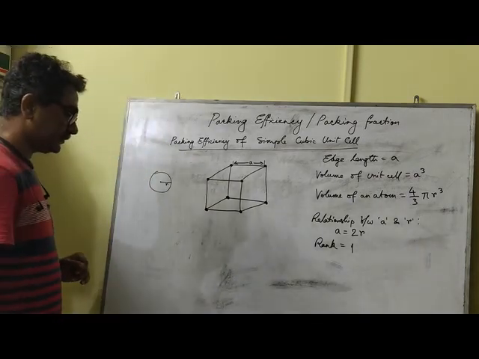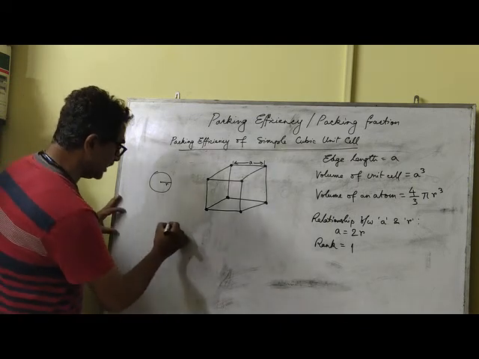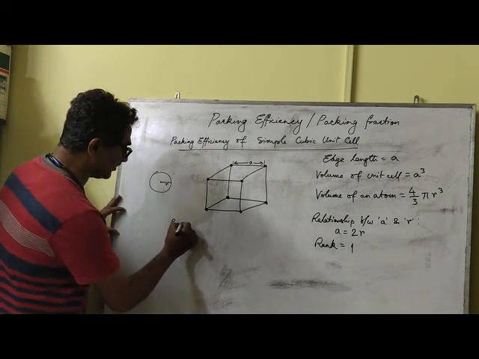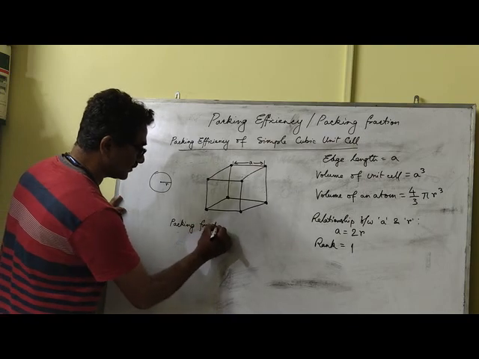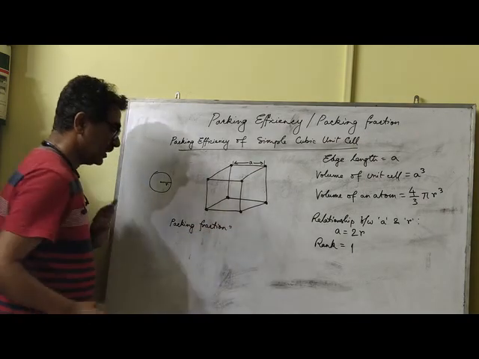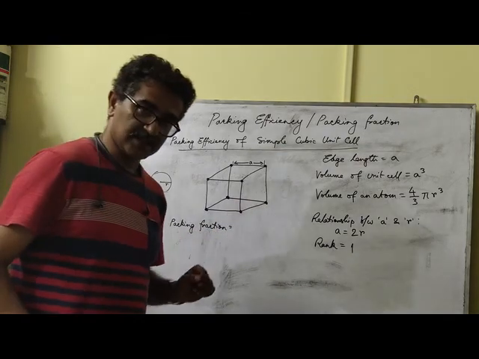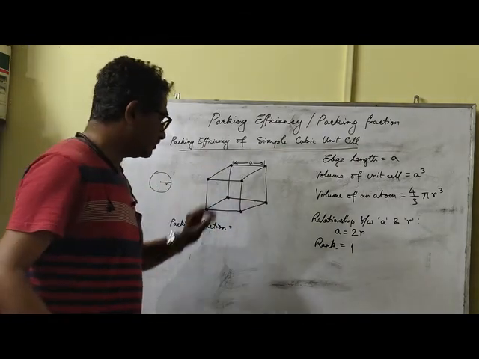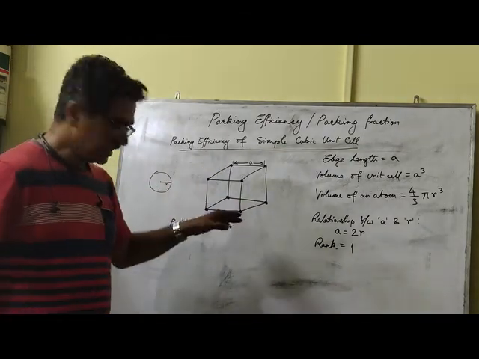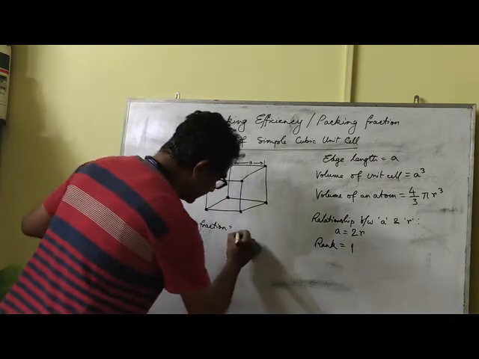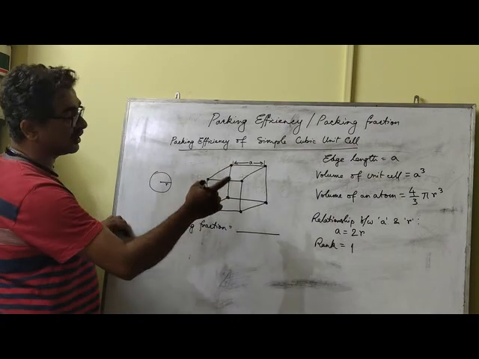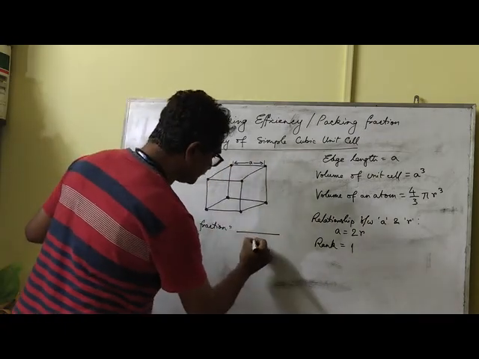So what do we get? Packing efficiency. First of all, we'll find the packing fraction. Volume of atoms divided by volume of the unit cell. So what is the volume of the unit cell? I am writing the denominator before. That is a cube.